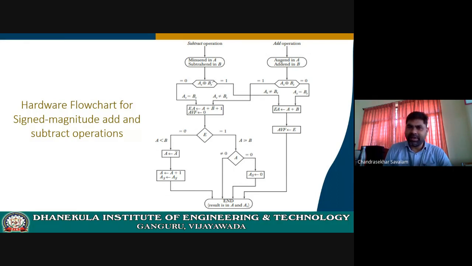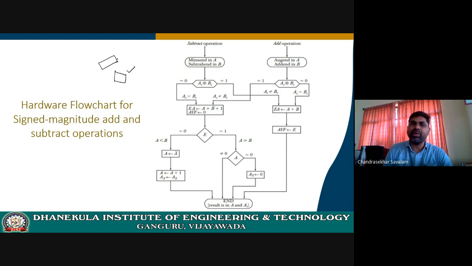Generally we use a rectangle for all operations. And if you want to take any kind of decision, or there are conditional instructions, you use this symbol.